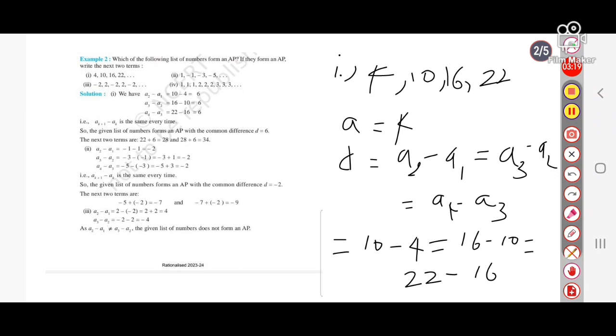We can easily find that by adding the common difference to the last value given in the AP. The common difference which we found is 6. Just add 6 to the previous number present in the sequence.